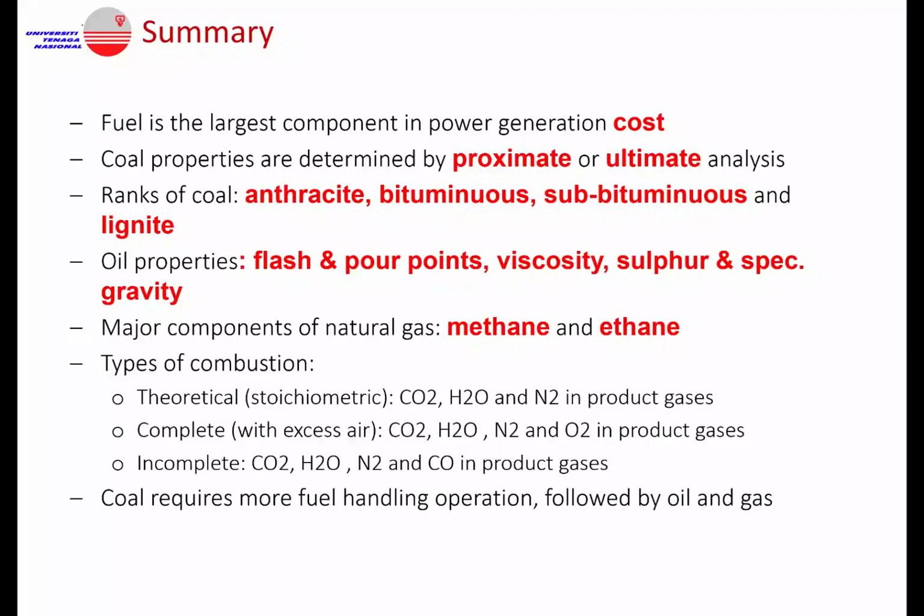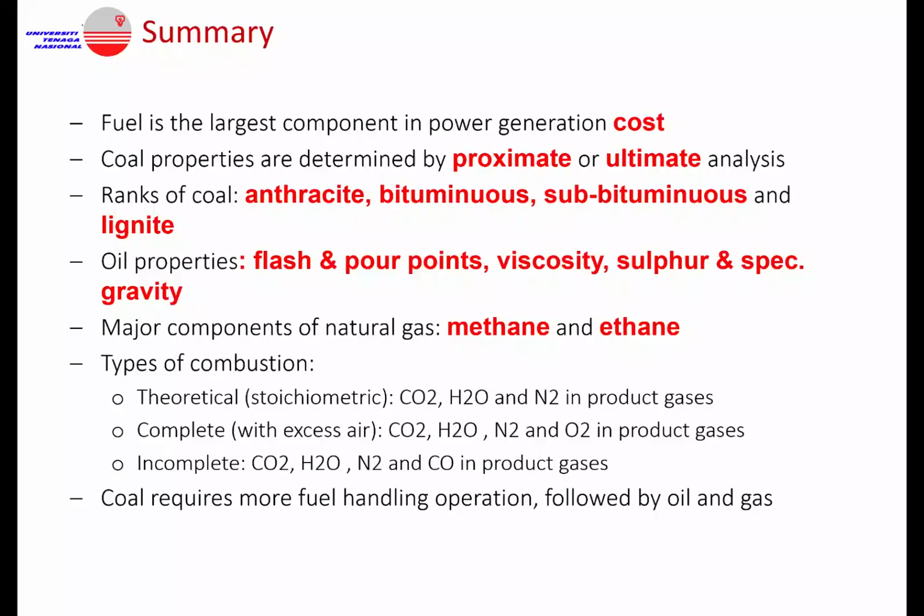Okay, for combustion calculation, we can divide it into theoretical or stoichiometric combustion, complete combustion with excess air, and also incomplete combustion. You just need to observe what the components in the fuel are, then only can you estimate what the elements in the product are.